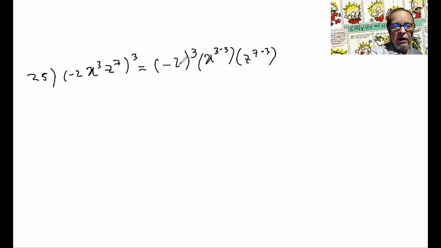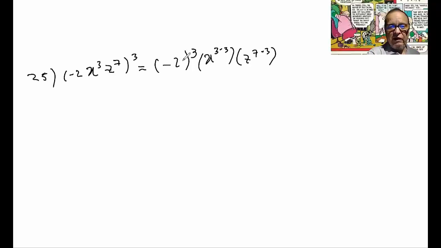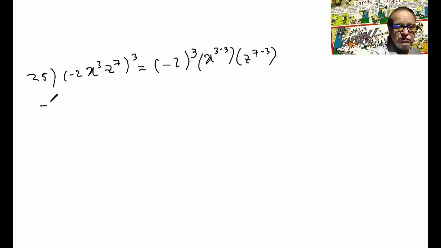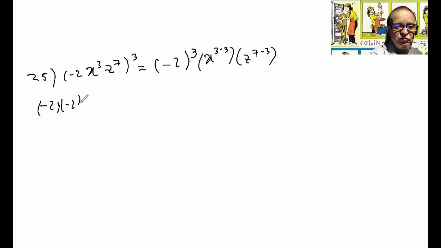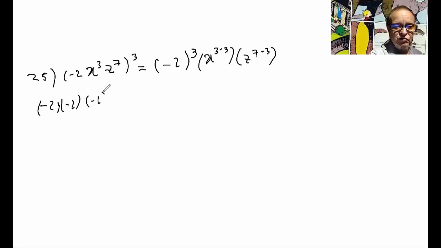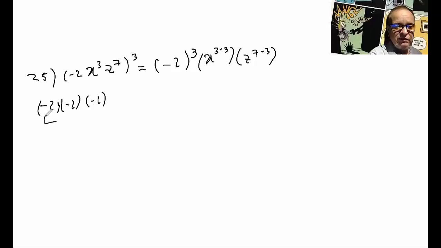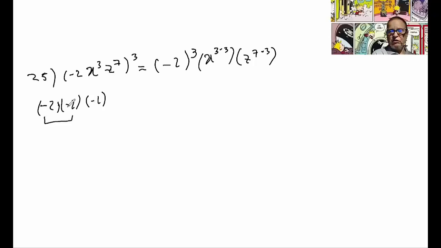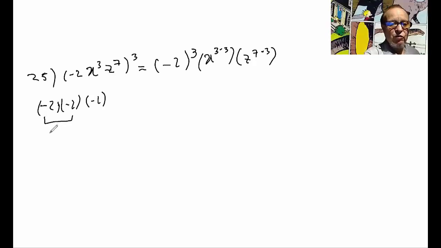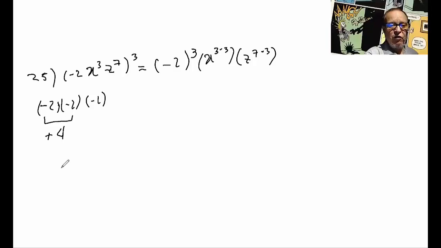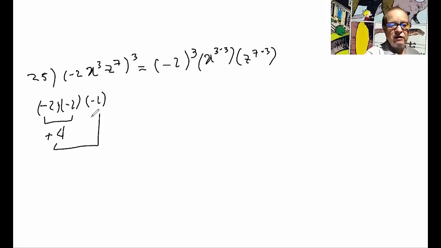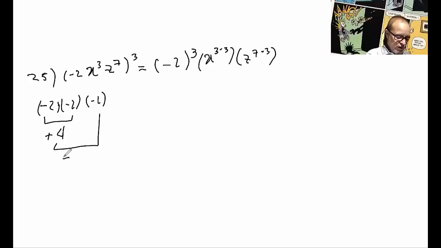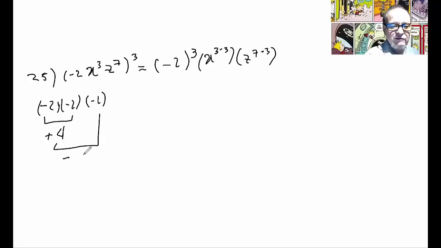So here I have negative 2 to the 3rd, so that means negative 2 times negative 2 times negative 2. So negative 2 times negative 2 will give me positive 4, and then positive 4 times negative 2 will give me negative 8.